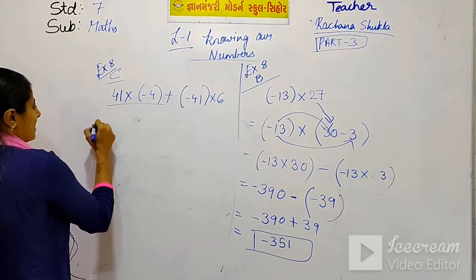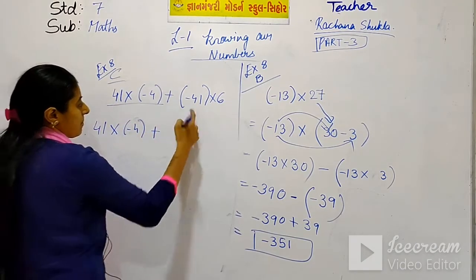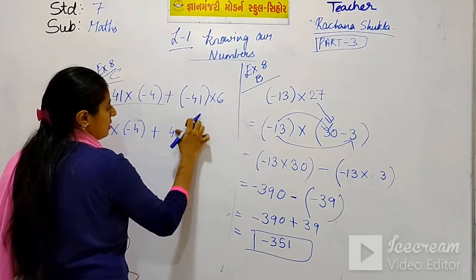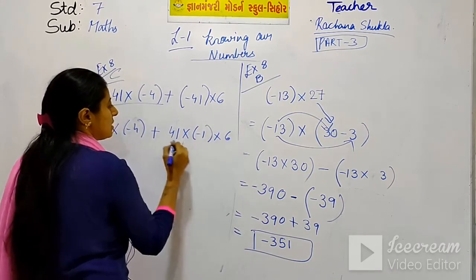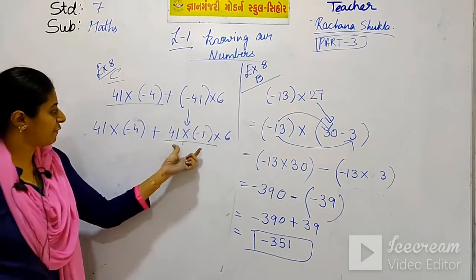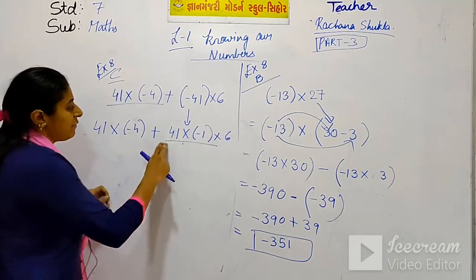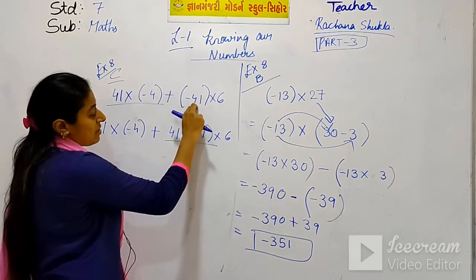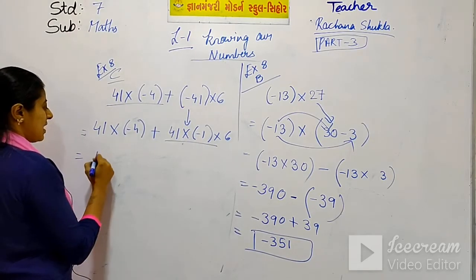This will remain as it is. 41 into minus 4 plus 41 into minus 1 into 6. See, we have first converted this into 41. 41 same. 41 into minus 1 is minus 41. This will remain as it is. Now start solving.